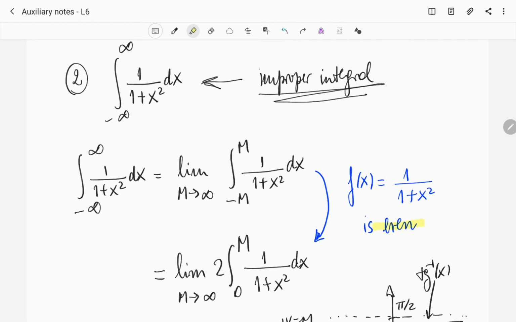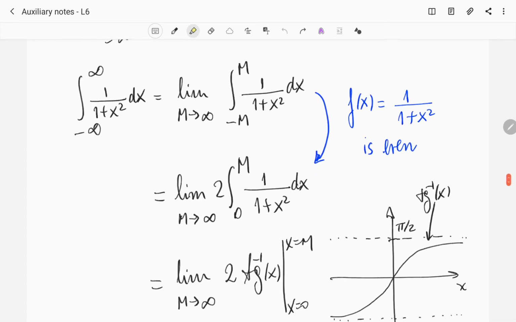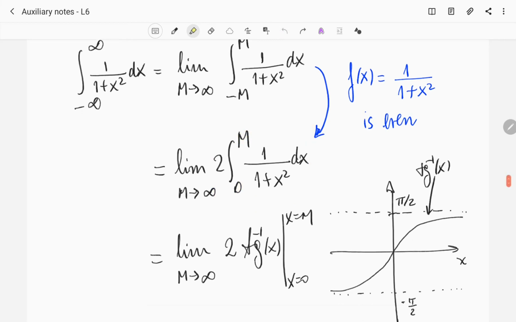You can check that, but it's due to this square here, so minus x squared is the same as x squared. So we can rewrite this as 2 times the integral from 0 to m of the same function, because we have an even function.